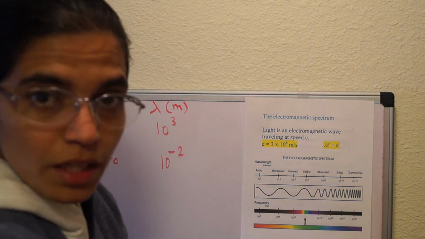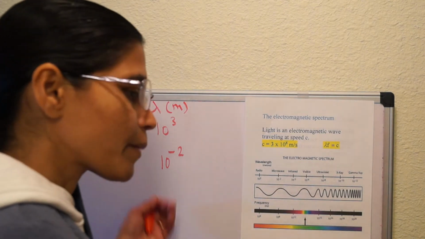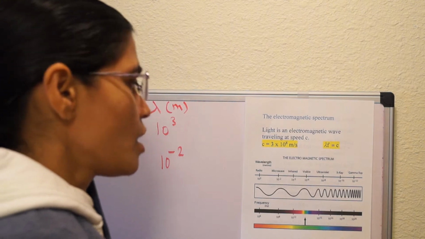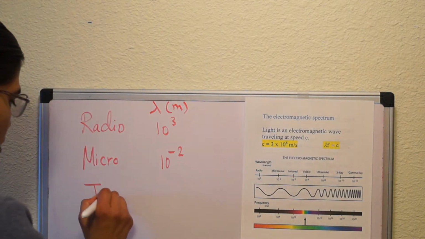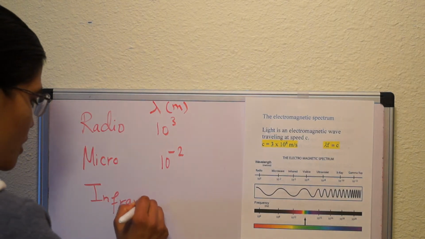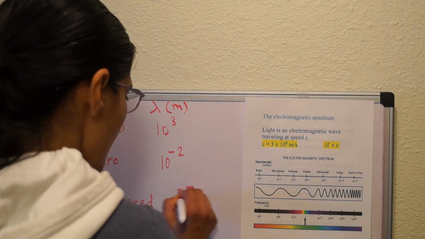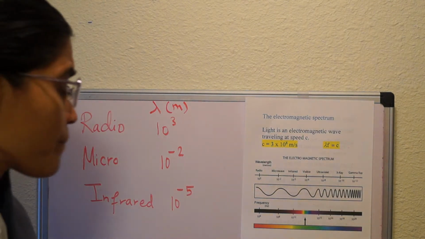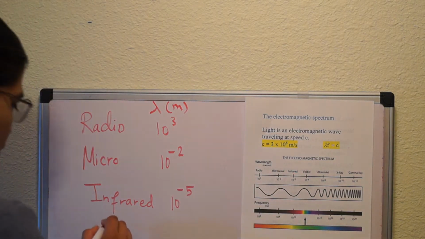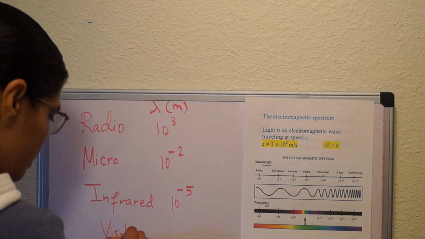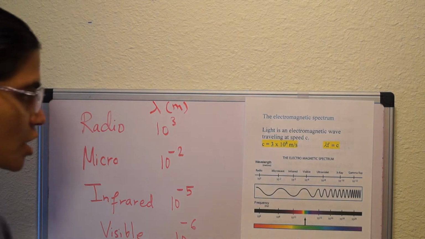You see radio wave is the one with the longest wavelength. After that microwave, and then infrared. Infrared lies in the region of about 10 to the power minus 5 meter wavelength. After infrared, visible light comes, about 10 to the power minus 6 meters.